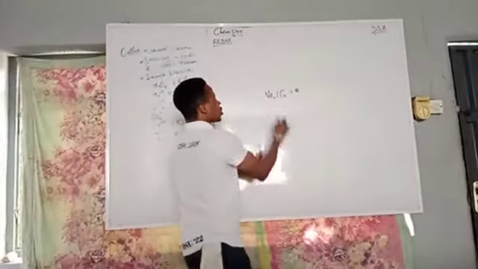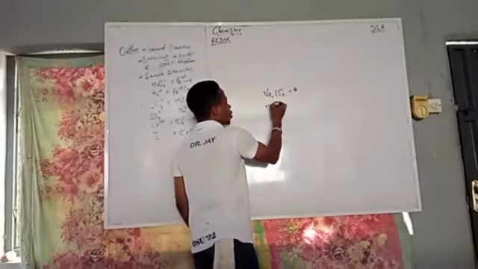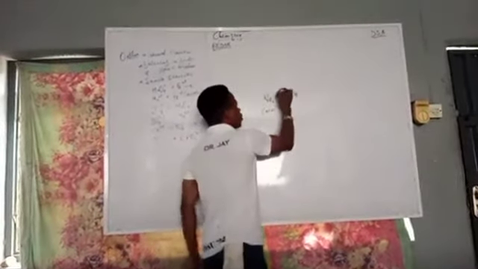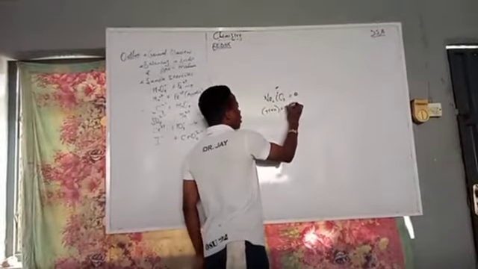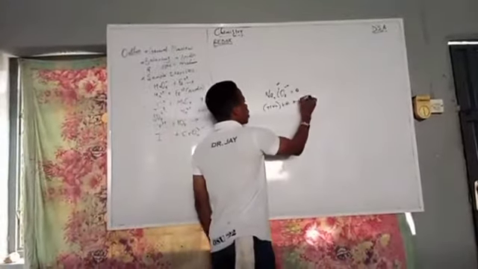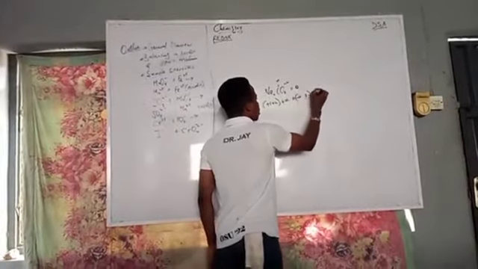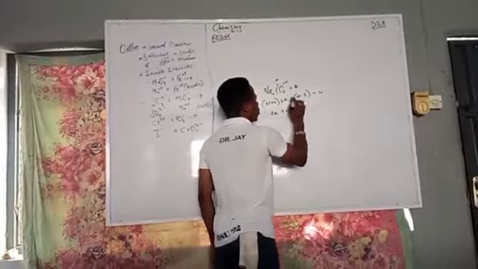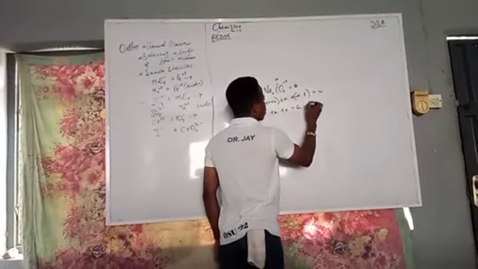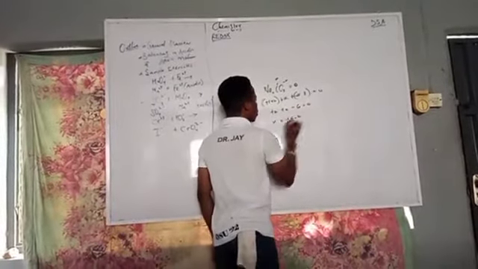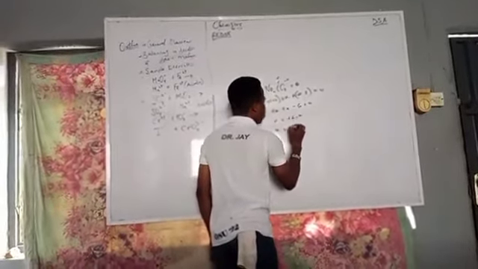Sodium here is +1, and we have 2 atoms, so that's +1 times 2. Algebraic sum, don't forget. The one we are looking for, let's denote it as x. Oxygen is -2, as the case applies, multiplied by 3. That is equal to 0. So you have +2 + x, and -2 times 3 is -6, equal to 0. Rearranging this, x = +6 - 2, so x = +4.